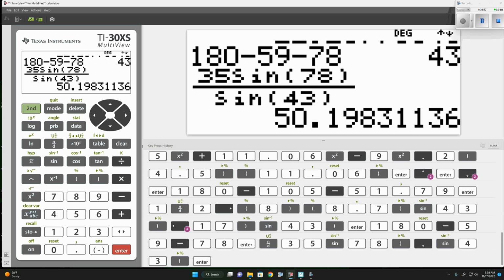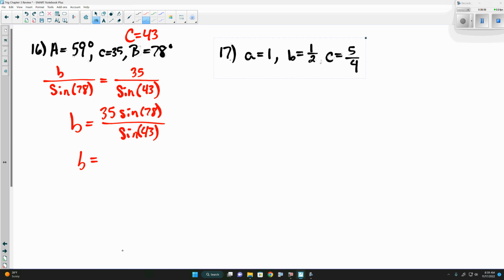So we get 50.198, or 50.20. So side length B is 50.20. Any questions on anything we've done so far? We understand how we got side length B?